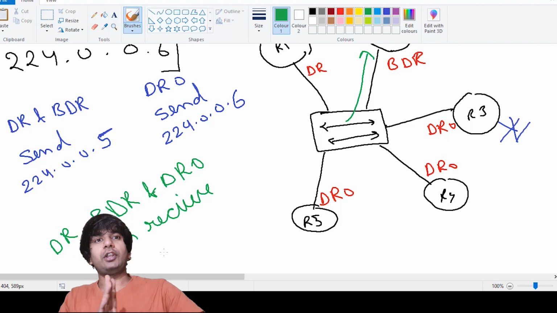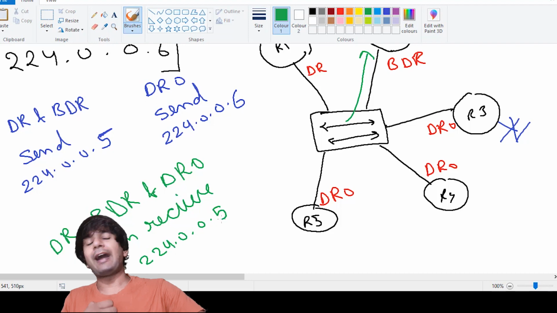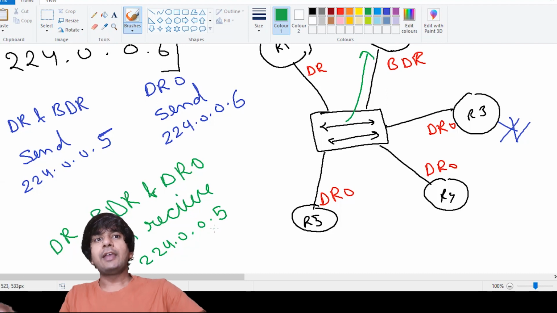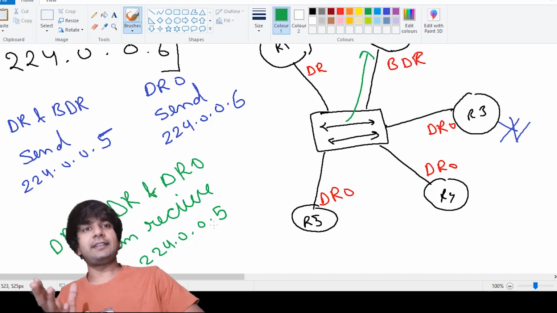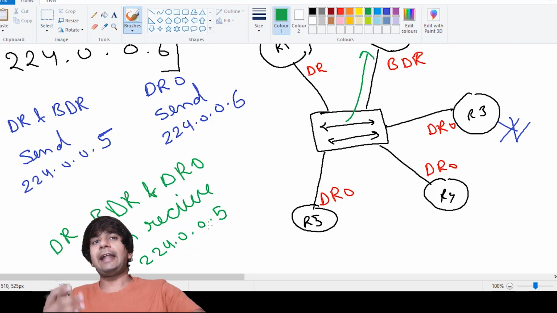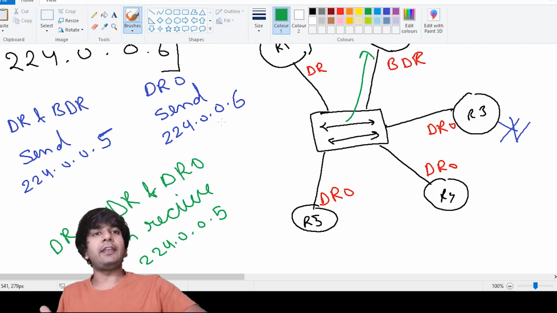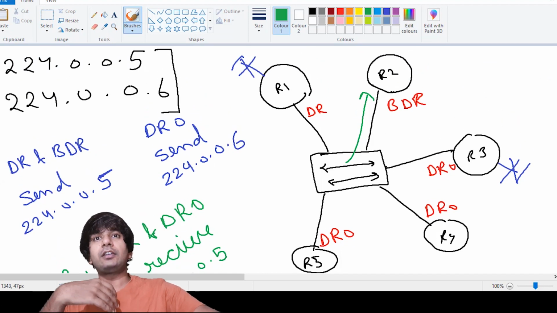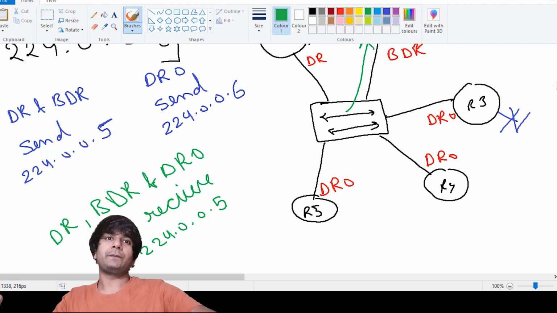All the routing update packets that are coming to 224.0.0.5, I'm sorry, not from, coming to, because this is the destination. So all the update packets which have a destination IP address of 224.0.0.5, every single router, whether it is a DR, BDR or DROther, will receive that packet.